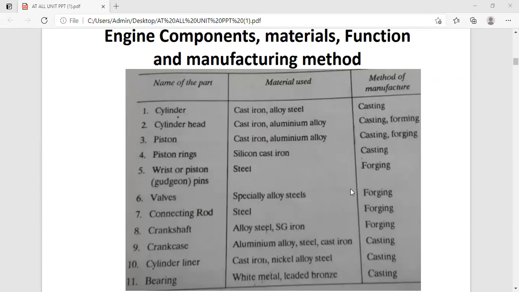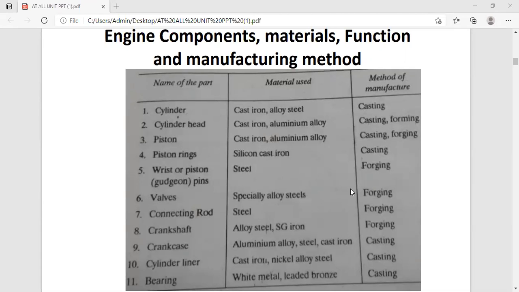A cylinder in an IC engine has to withstand very high pressure, up to 70 bar, and temperature up to 2500°C, because the combustion of the fuel is carried out within the cylinder.